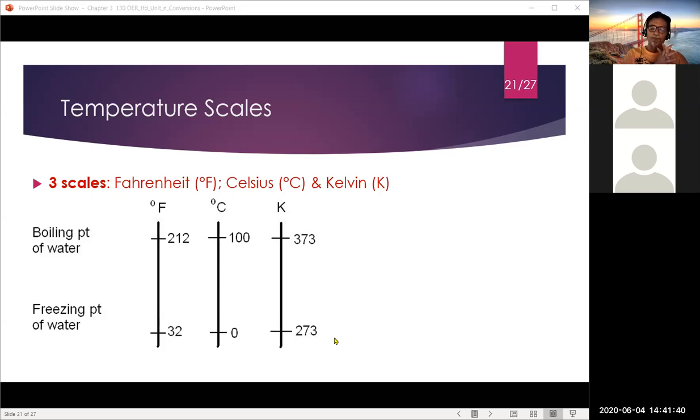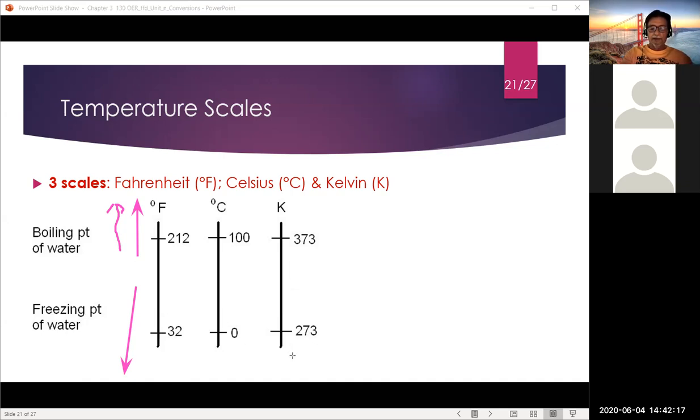Now, the units of Fahrenheit and the units of Celsius go to infinity, in the up direction and the down direction, in both of them.